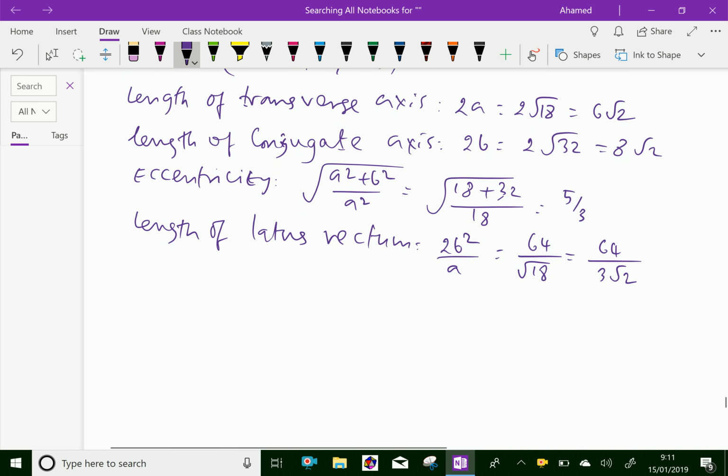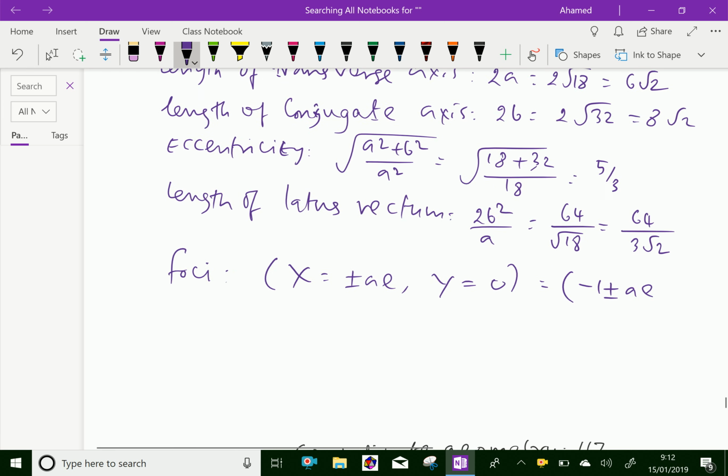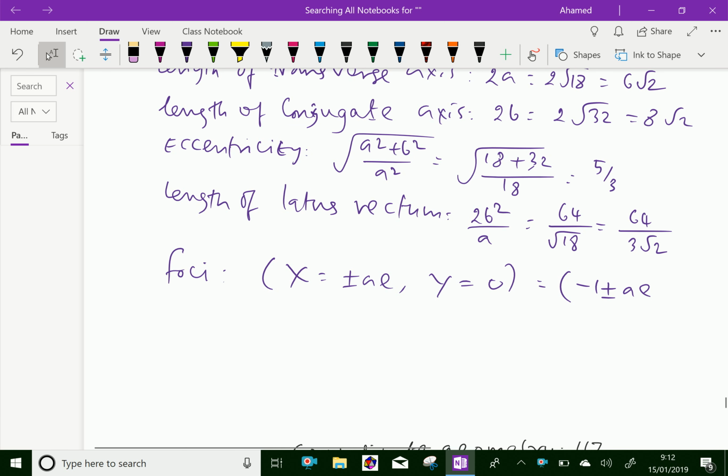Then foci: X equal plus or minus ae and Y equal 0, which is further equal to minus 1 plus or minus ae, and 2, because x is here minus 1.